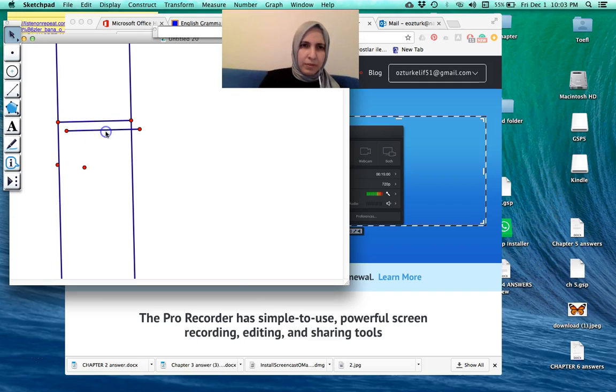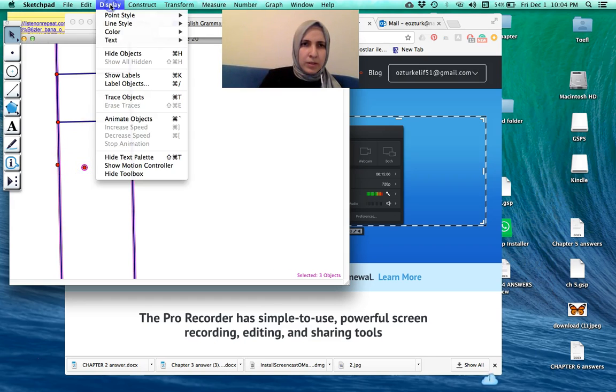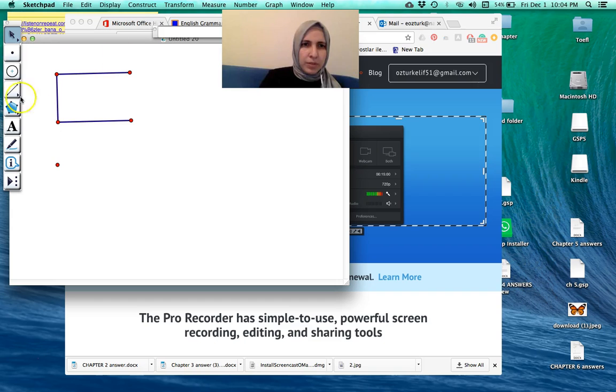I place this one on there. I'm gonna get a perpendicular line, then hide some of the lines. Hide these objects. Okay. Do it again.